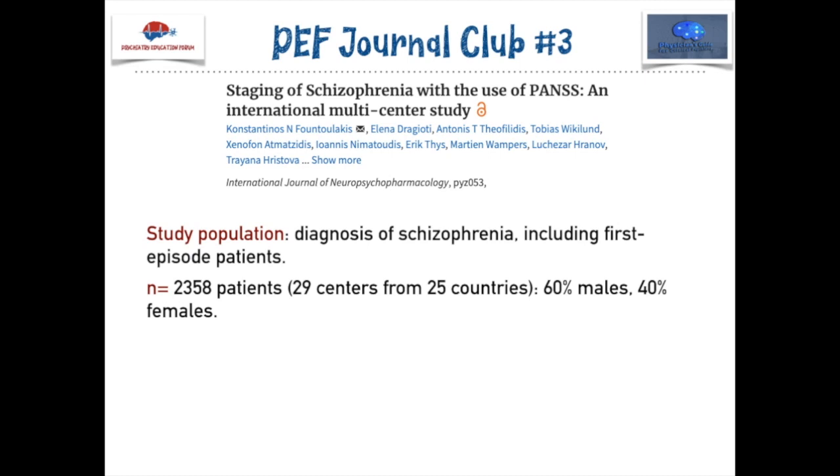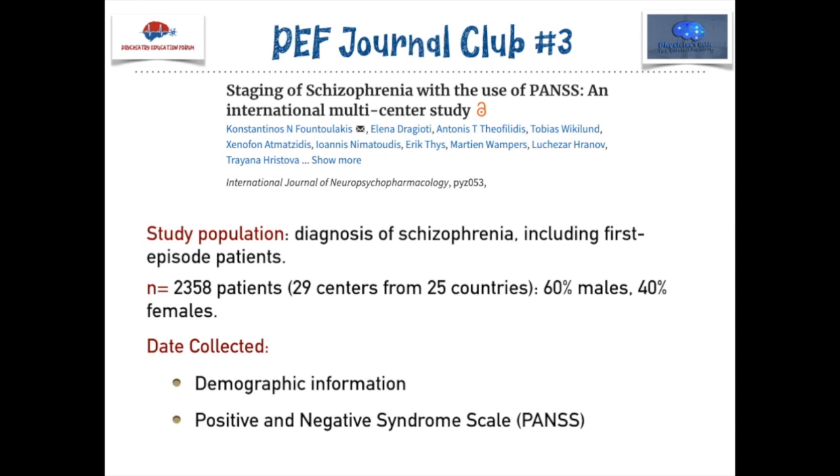They collected data on their demographic information, but they also did this scale called PANSS, which stands for Positive and Negative Syndrome Scale. We all know what PANSS is, right? We use PANSS in research and sometimes clinically also to rate various schizophrenia symptoms and their severity. The PANSS scale mostly contains 3 scales.